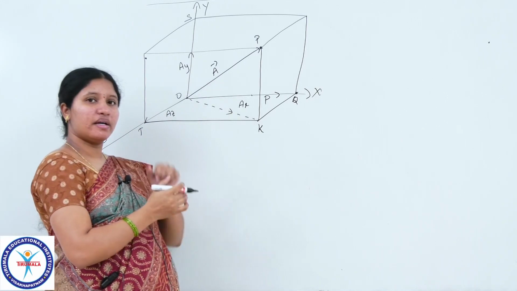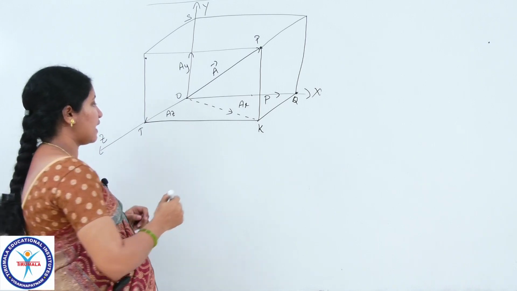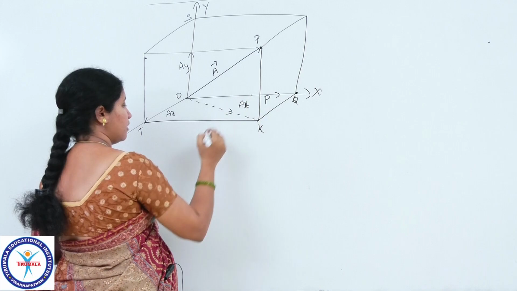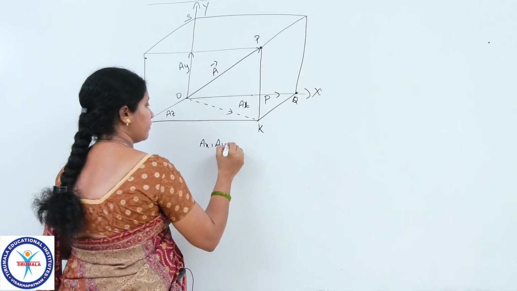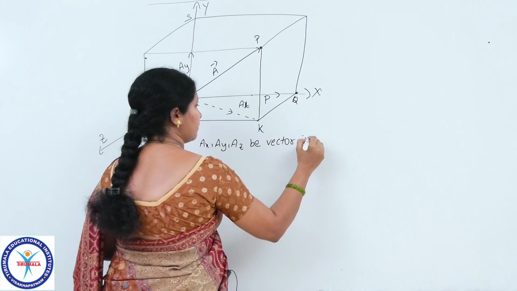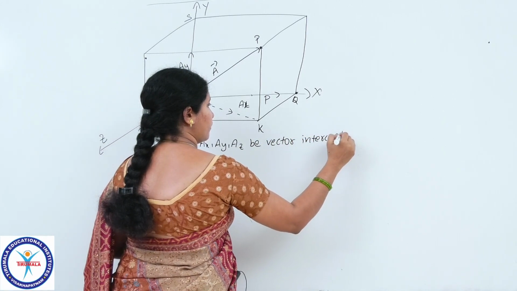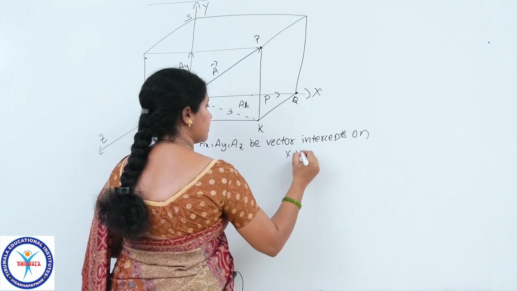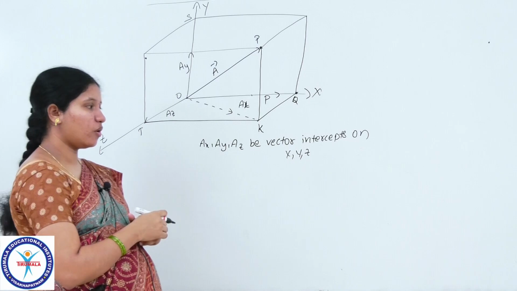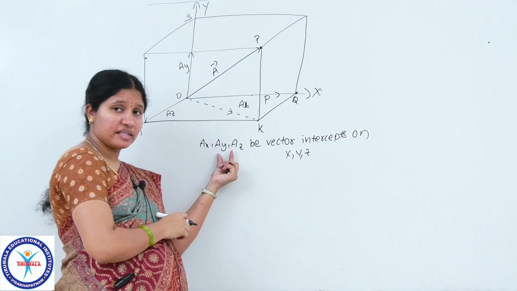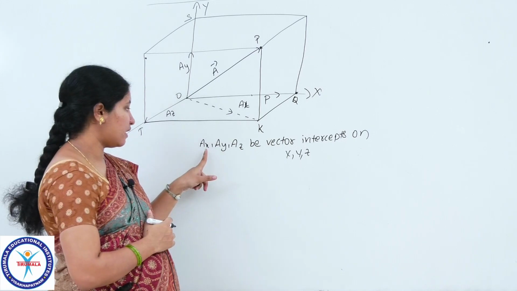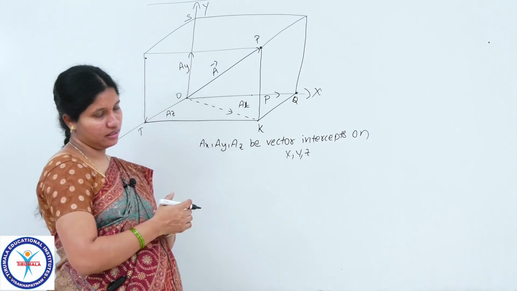So, A bar is the diagonal. Let Ax, Ay and Az be the vector intercepts on x, y and z axis respectively. As these are the vector intercepts, we can also say that the 3 rectangular components of vector A bar are Ax, Ay and Az.